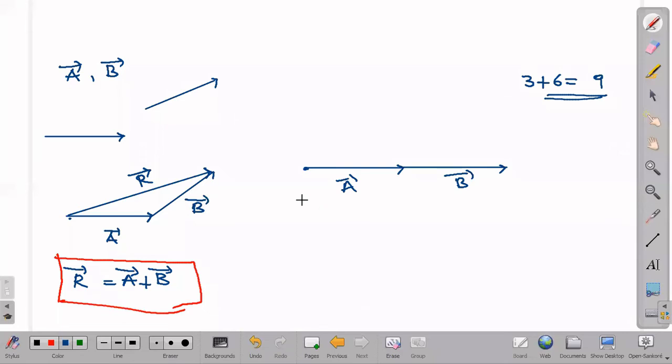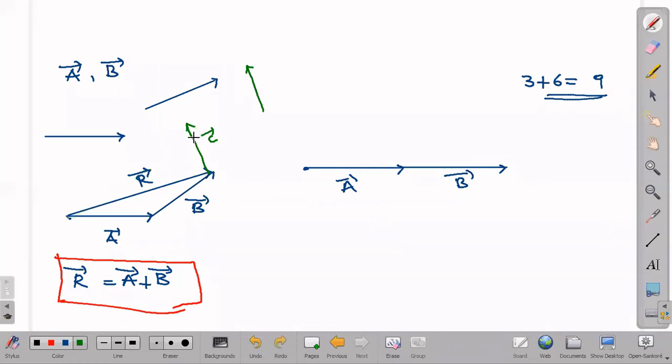If we have more than this, what do we do? Suppose one more vector, c bar, is also there, like this. So what we do? We will add one more here. Now this is c bar. So what we generally do? We will take from the first vector's tail to the last vector's head.